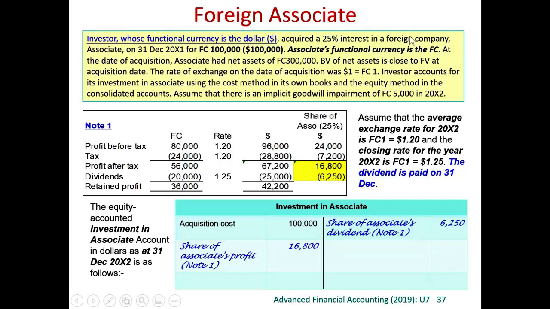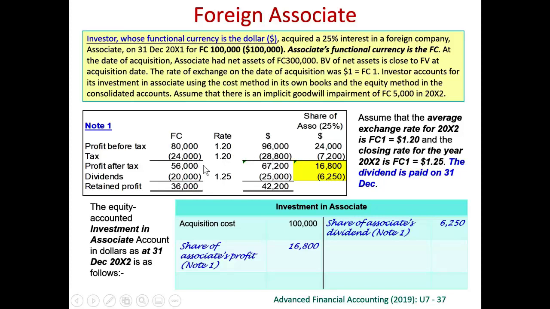The functional currency of this foreign operation is FC, so translation from FC to dollars is a translation from the functional currency into the presentation currency, and the closing rate method applies. Usually for income and expenses, we simply use the average rate. For this question, the average rate is 1.2. So 80,000 translated at 1.2 is 96,000.